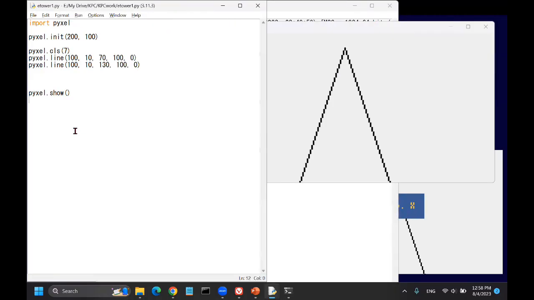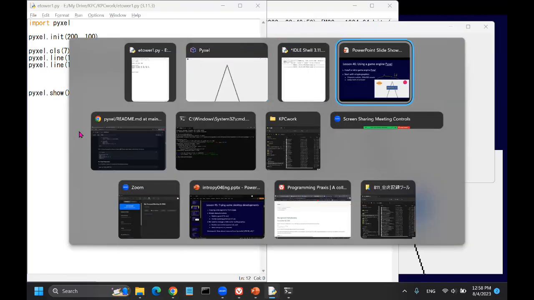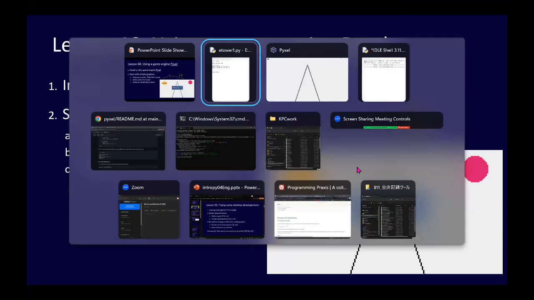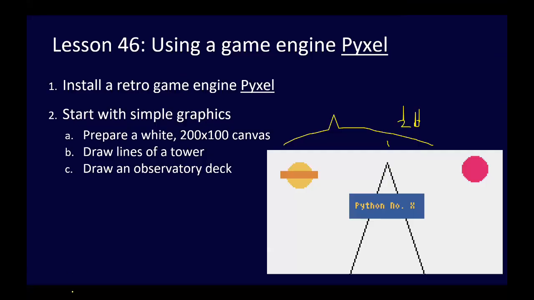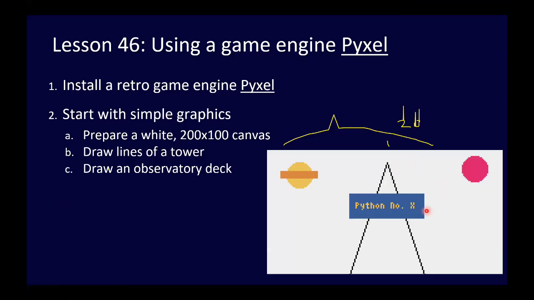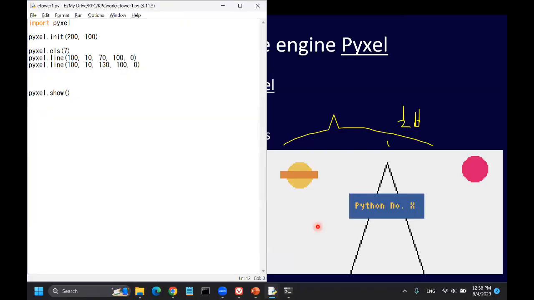Let's continue. Just writing. Next, draw an observatory deck like this. Okay, this blue one. So it will be like a rectangle.